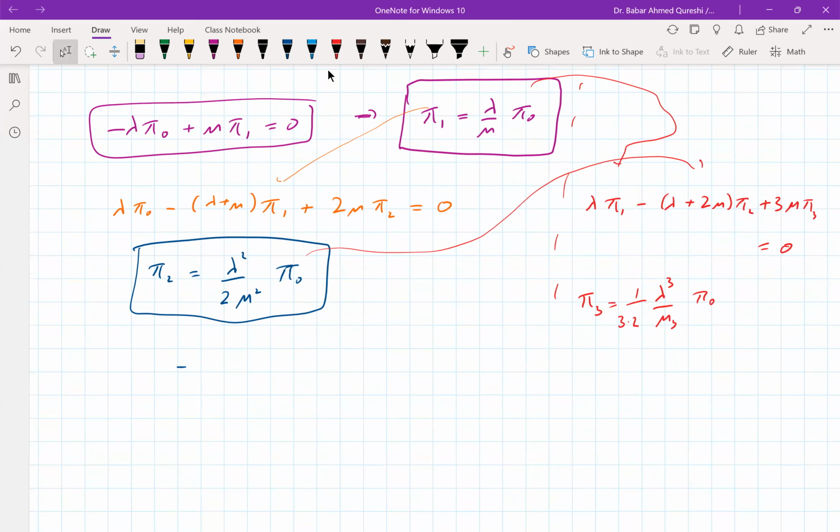So one can continue and one can see the pattern that the distribution pi n is equal to 1 over n factorial (lambda over mu)^n pi naught.